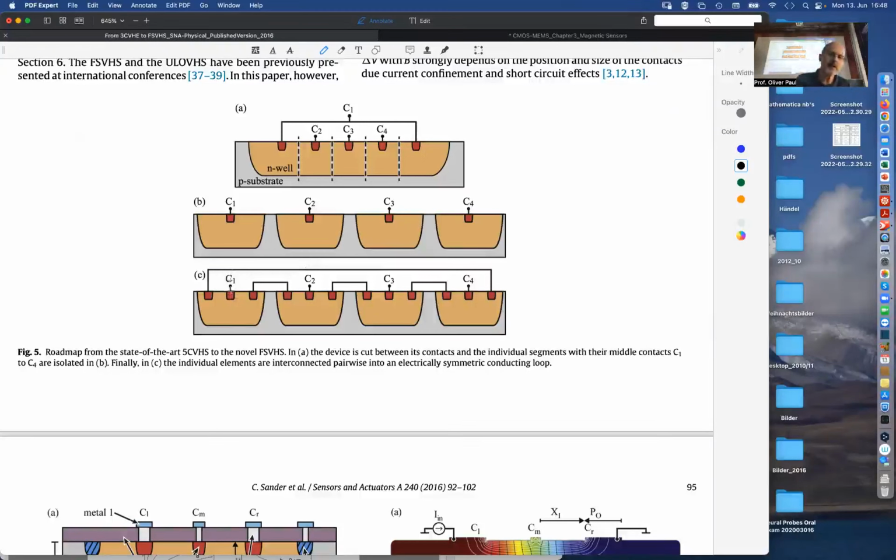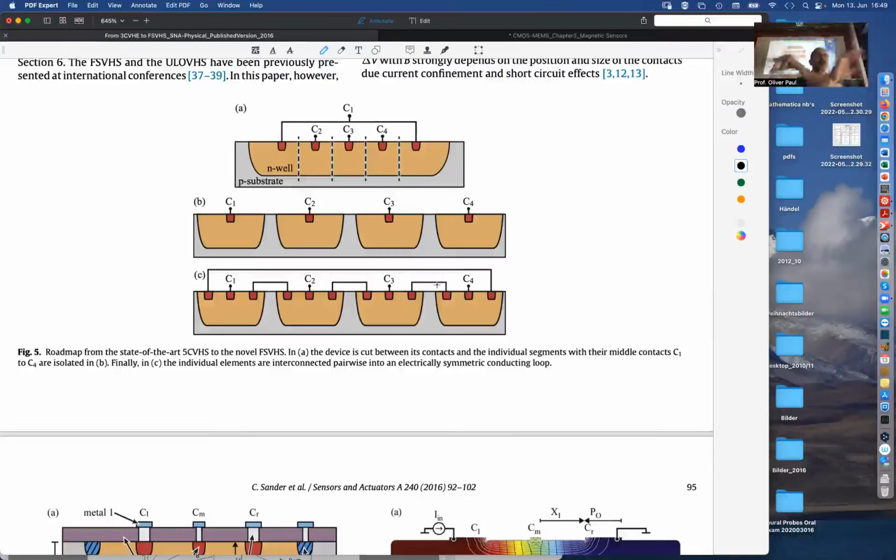So if I imagine these black lines to have 0 resistance, then this device is electrically symmetric because it consists of identical elements. It doesn't have this outer boundary that makes it special. This is not more special here than this, or this, or this. There is no outer boundary.